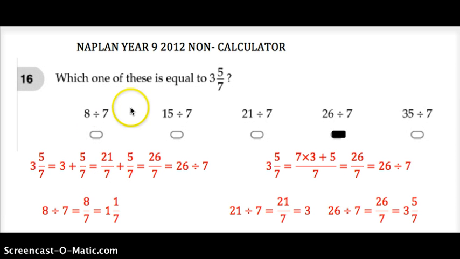Now, another way to approach this question is to look at all of these answers and see which one we think might be the correct answer. So, for example, if you're looking at 8 divided by 7 down here, 8 divided by 7 means 8 over 7. Now, 7 goes into 8 once with 1 remainder over 7.